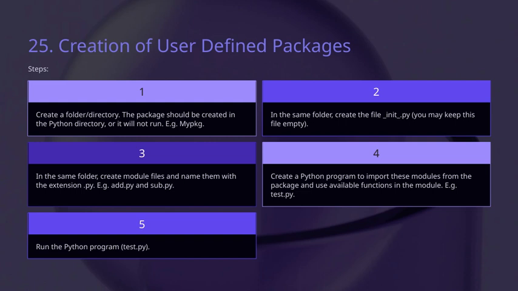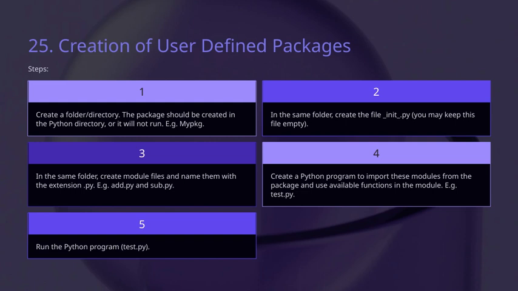After that, you run your main Python program, which we'll call test.py. This is where you'll import your custom modules and use the functions you've defined. Don't forget, in the same folder, you'll need to create an __init__.py file. This file can be empty, but its presence tells Python that this directory is a package.